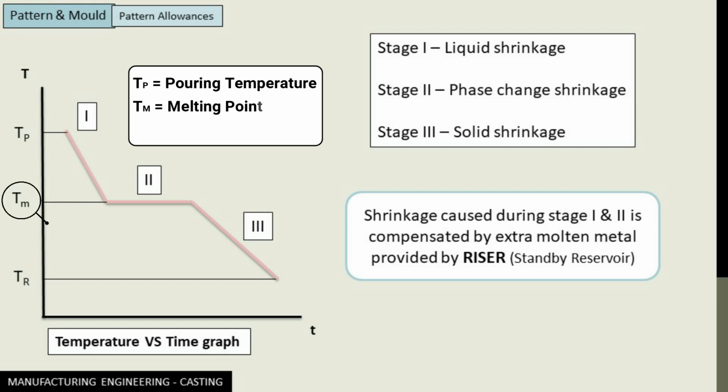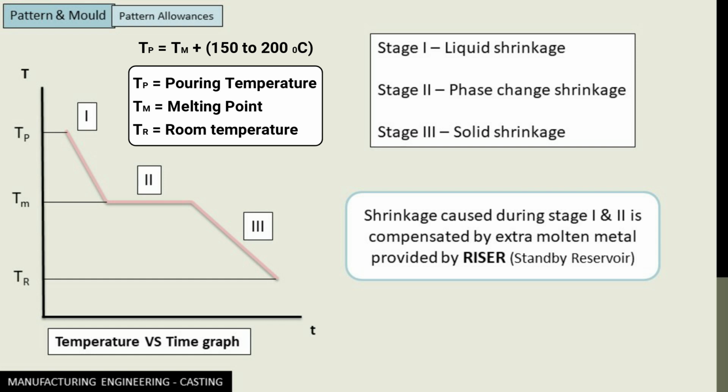Tm is the melting point of the metal, and Tr is the room temperature. The pouring temperature is generally 150 degrees to 200 degrees Celsius higher than the melting point of the metal.